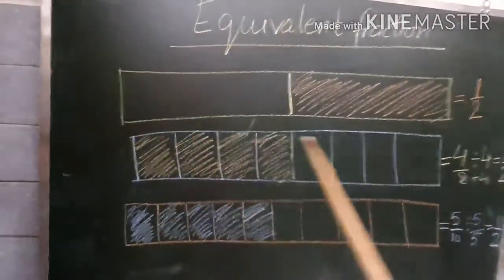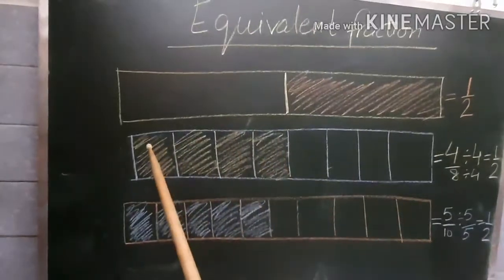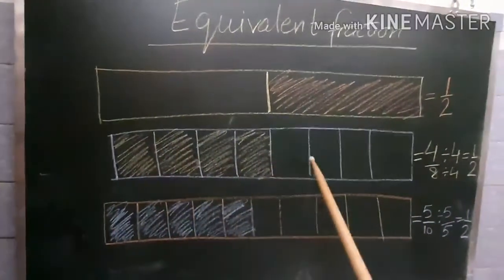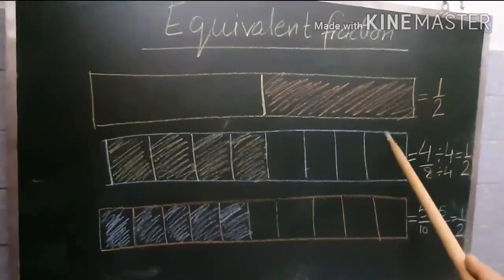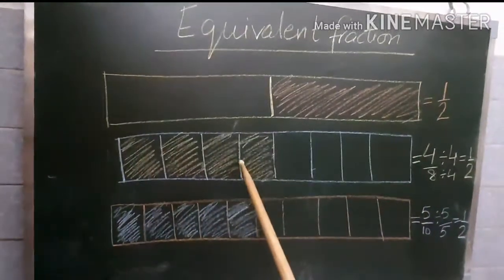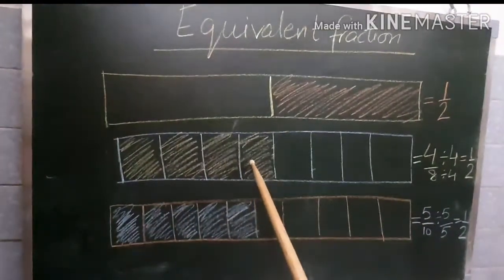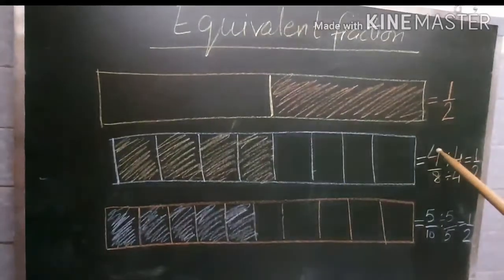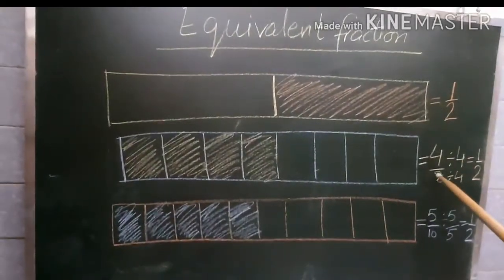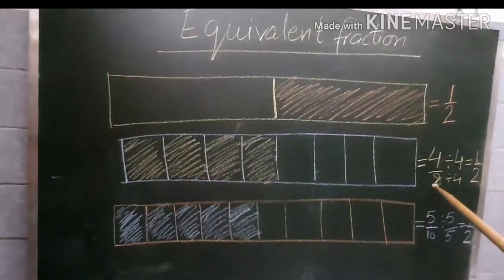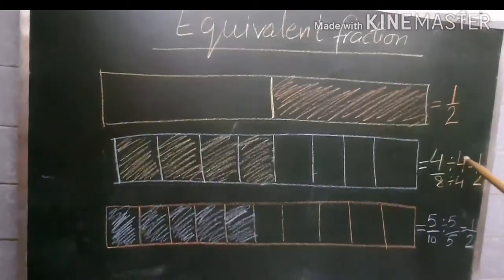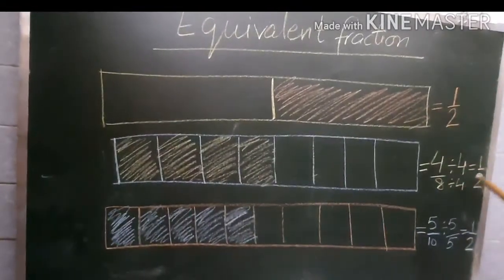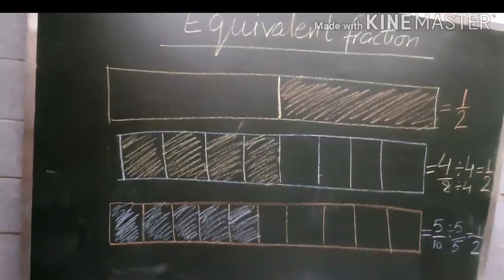Now have a look at another example. It is divided into 8 equal parts, out of which 4 are shaded. So what is the fraction of it? It can be written as 4/8. Since 4 and 8 are both divisible by 4, I divide both of these numbers and I get 1/2.